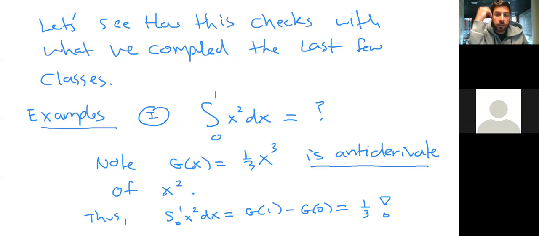So if I want to reverse that process, instead of subtracting 1, I would add 1. And then instead of multiplying by that number, I would divide. So I add 1 to 2, and then I divide. Instead of x squared going to 2x, I go the other way and get x to the third over 3.